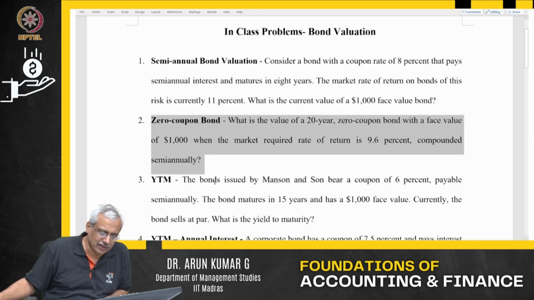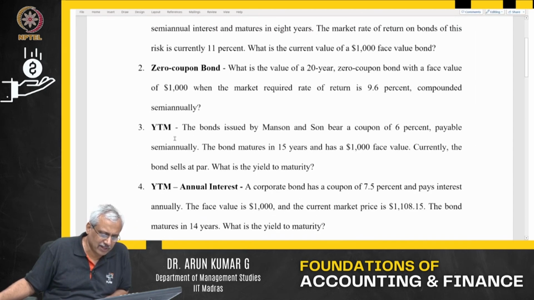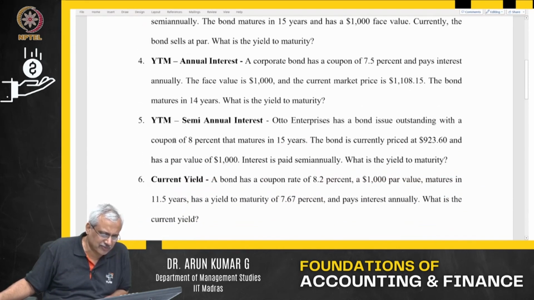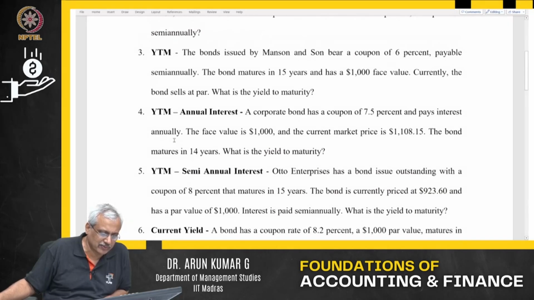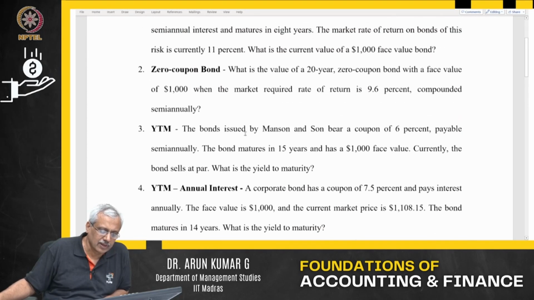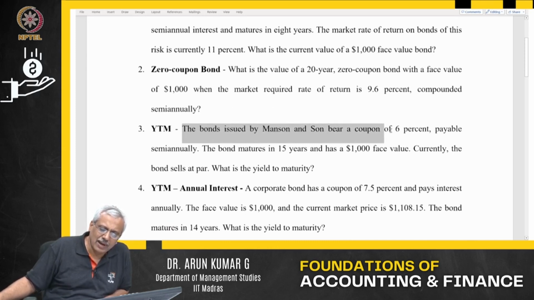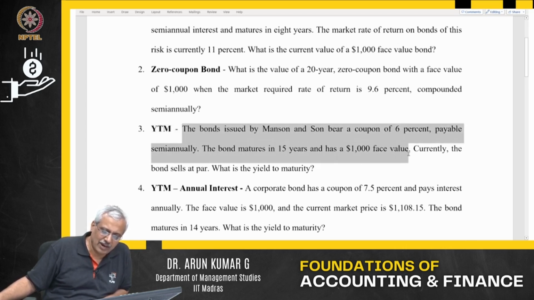Let us go to the third question. We will solve 3 and 4, and then the rest, 5 and 6, you guys can solve by yourself. The bonds issued by Manson and Son bear a coupon rate of 6% payable semi-annually. The bond matures in 15 years and has a $1000 face value. Currently, the bond sells at par.